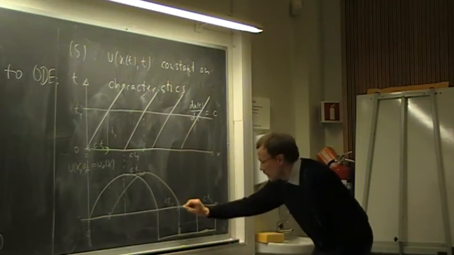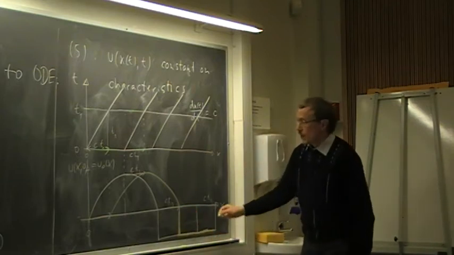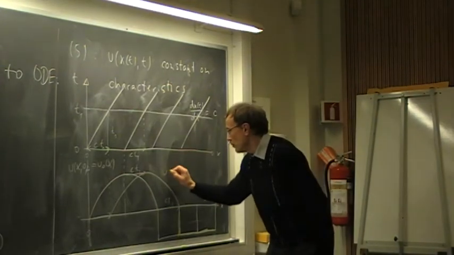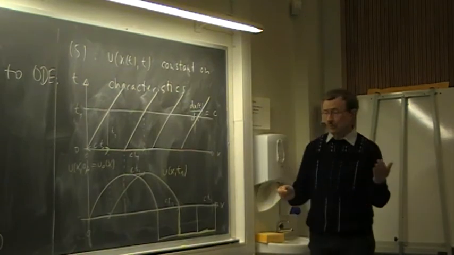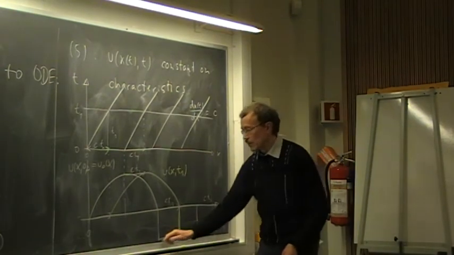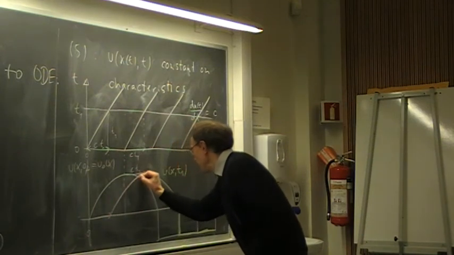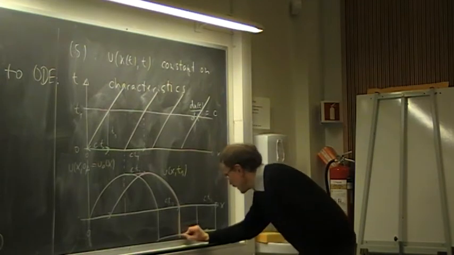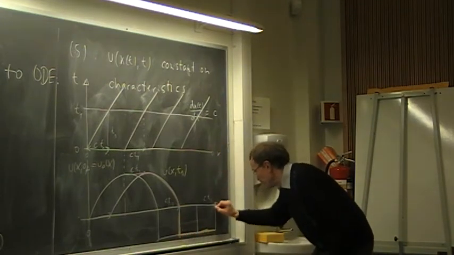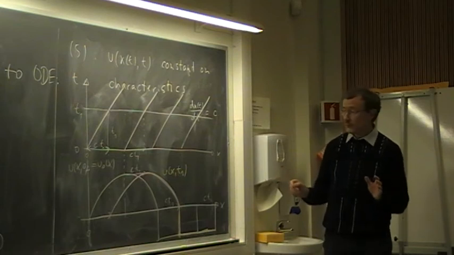So this is the solution u of x, t1. So the solution, maybe I indicated in the red here, is just transported a distance ct1. The form is just the same. It is just moved.